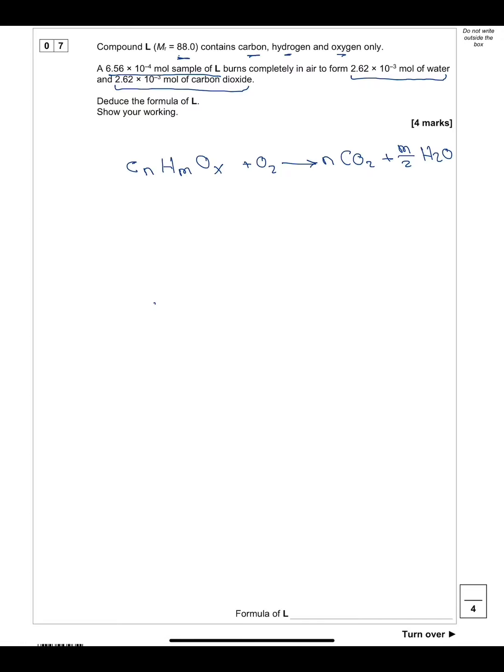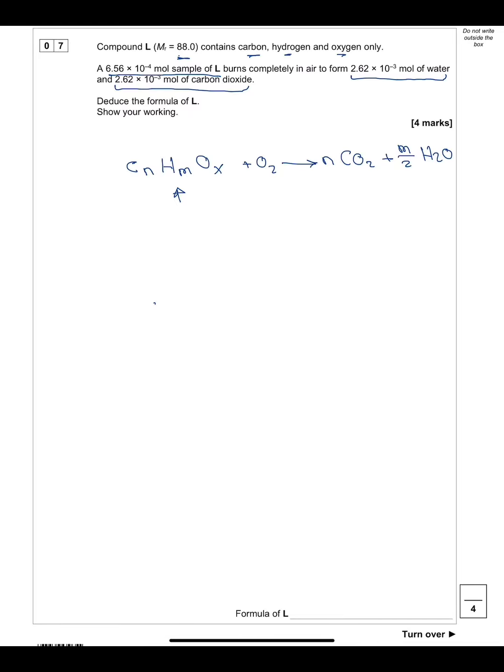That means for the balanced equation, for 1 mole of this compound, N moles of carbon dioxide will be produced, and that will be the same as the number of carbon atoms. And for the water, the ratio between the moles of the compound and the water produced will be half the number of hydrogen atoms, basically.